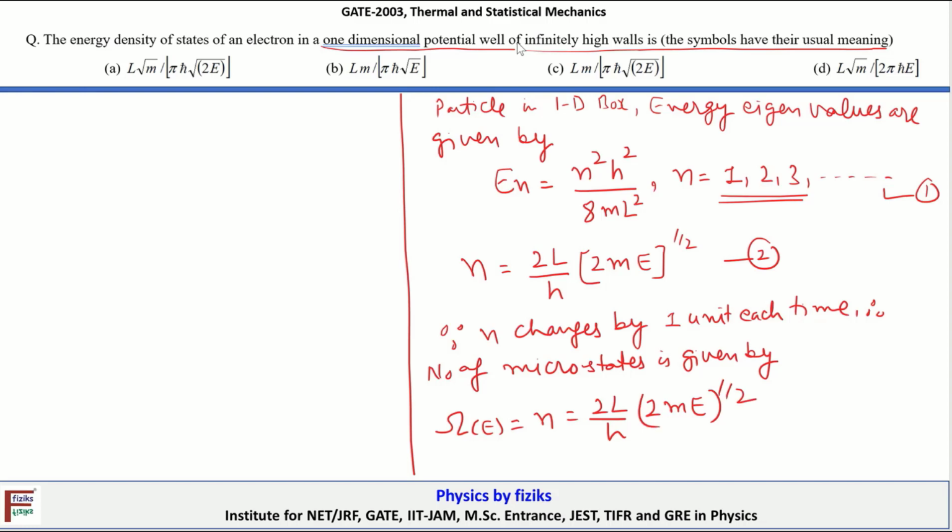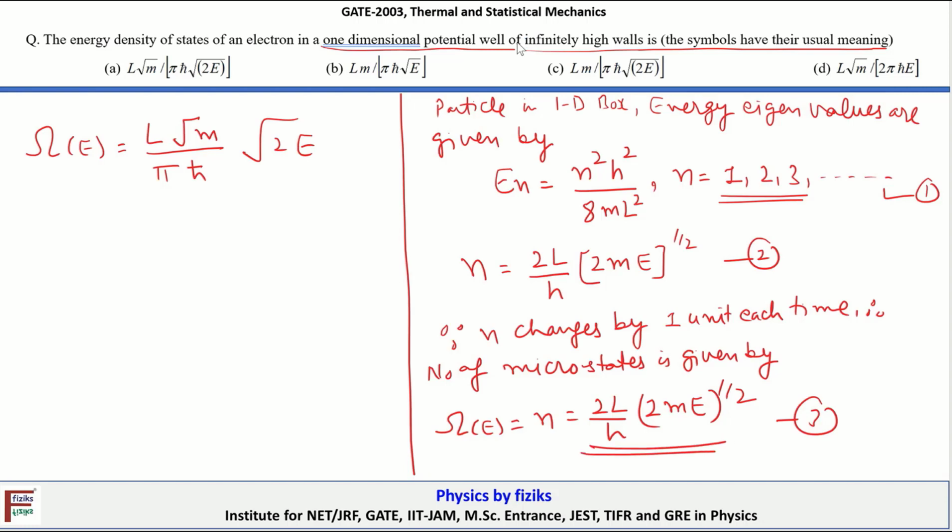This expression 3 can also be rewritten as L times the square root of m upon πħ times the square root of 2E, just by rearranging all these terms. Therefore the correct option is A here. So A is the correct option here.